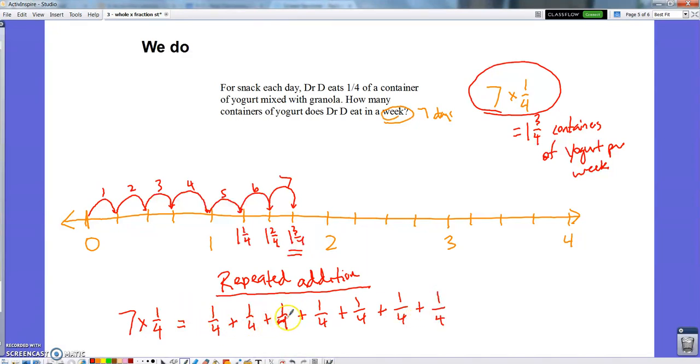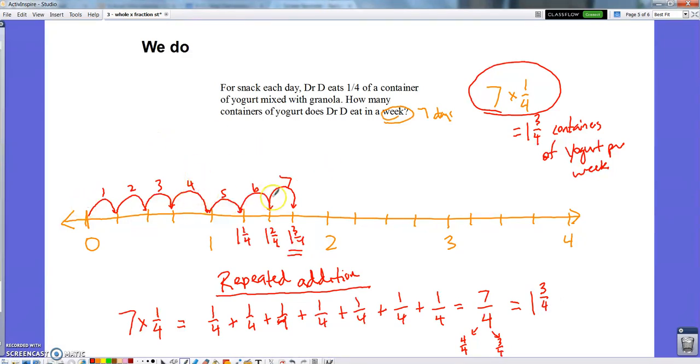I'm just going to add my 1/4 7 times, and I'm going to get 7 fourths. To make sure that's the same as this, 7 fourths is 4 fourths and another 3 fourths, which is 1 whole and 3 fourths. So that's how I do it with the repeated addition strategy.